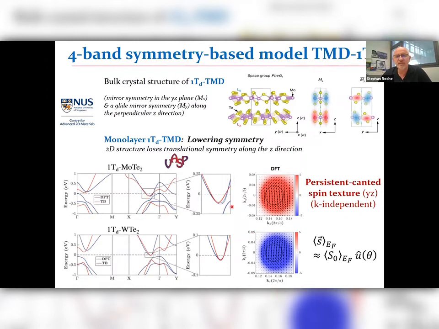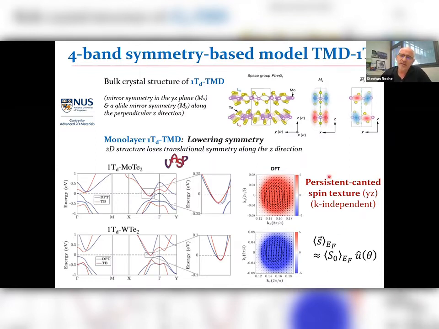One very interesting piece of information is that if we look at the spin texture nearby these bands, we find that there is a so-called persistent canted spin texture, which is a very interesting aspect that has not been seen in other kinds of heavy metals, or even for graphene on top of TMDs. The spin texture is very different.